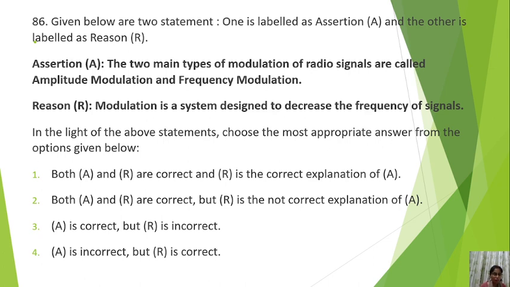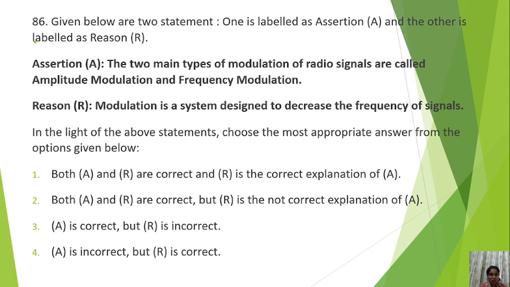You have to find the correct option. Friends, in these assertion and reason questions, not in all, but generally, the option is either 3 or 4. I mean, either the assertion is wrong or the reason is wrong. It may not always be the case, but generally, one of the two is wrong.